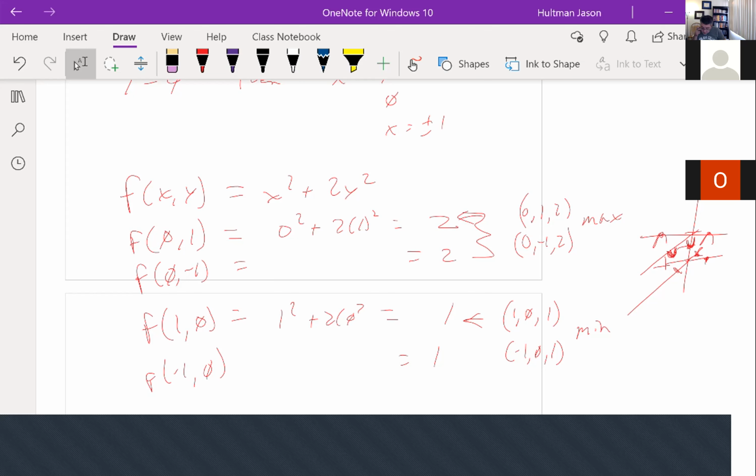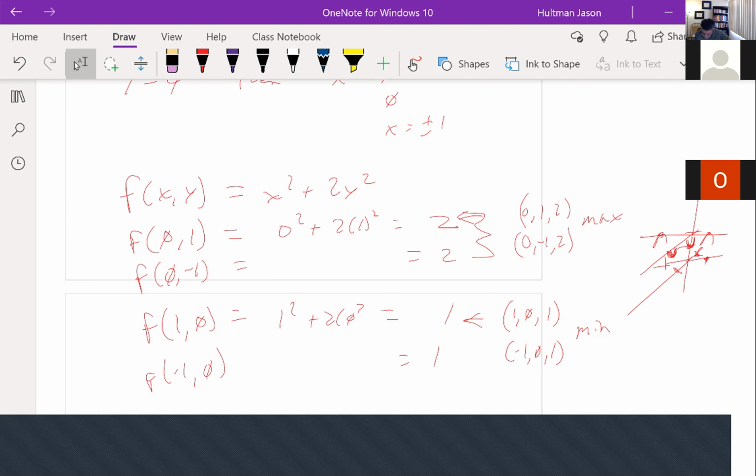Okay, subject to what constraint though? Input. Okay, so subject to the constraint x squared plus y squared equals 1.